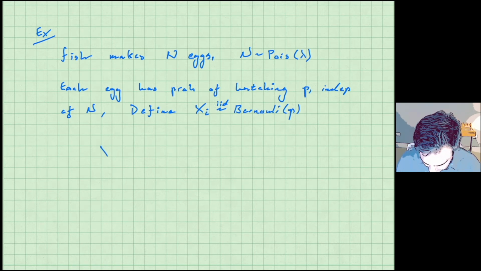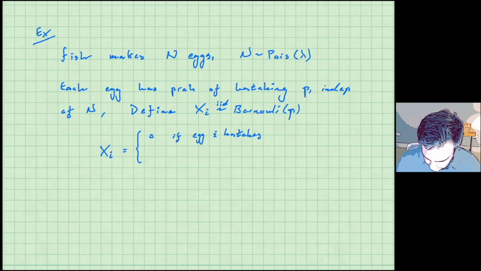So we'll say xi looks like this, right? Oh, sorry, that's 1 if egg i hatches, and 0 otherwise.